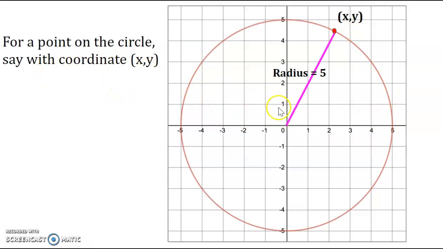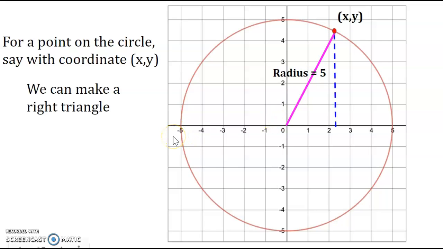Remember that the definition of a circle is that it's a collection of all the points that are equidistant from the center. The center in this case is 0, 0. And we can make a right triangle from the center to wherever the point (x, y) is. So we can create a vertical line down here and a horizontal line there.